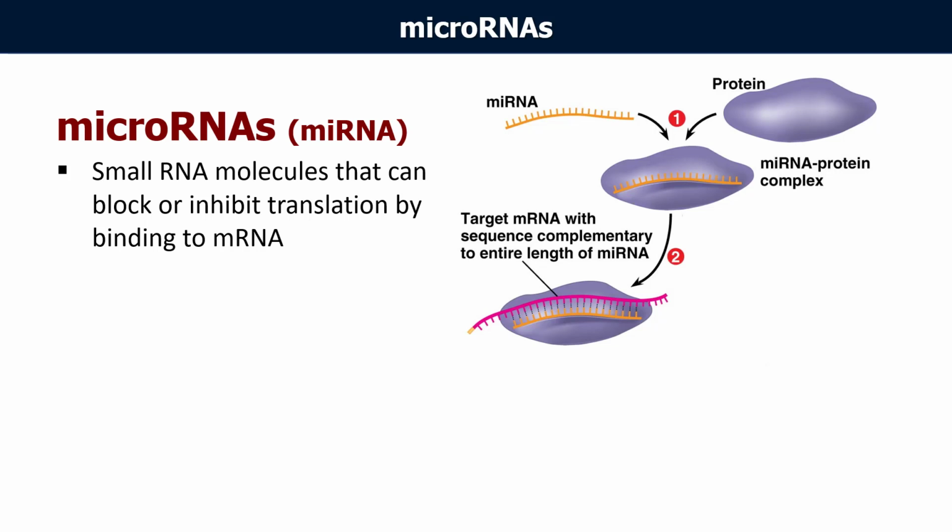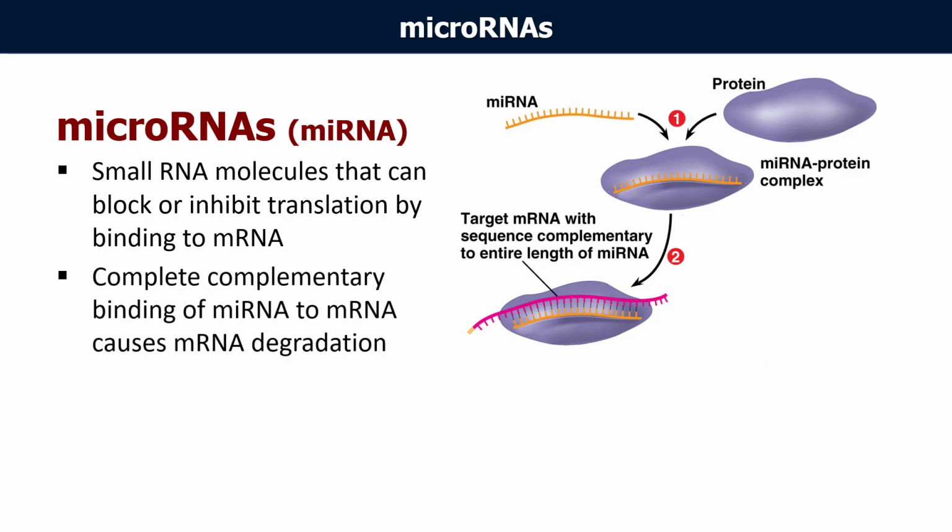It's kind of a complementary fit in every location. And if that's the case, the messenger RNA will be destroyed, as it turns out. So complete complementary binding of microRNA to messenger RNA causes the mRNA to be degraded, and so it won't be translated at all. We went to all that trouble to get it transcribed, but now it's destroyed before it ever gets to become the protein.